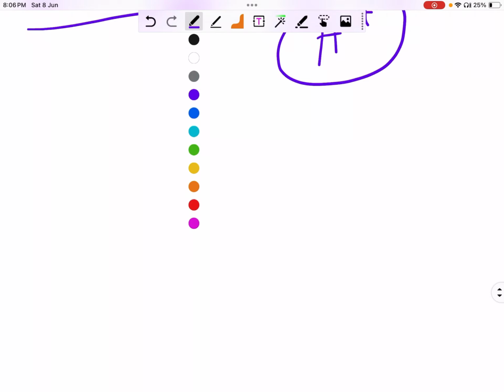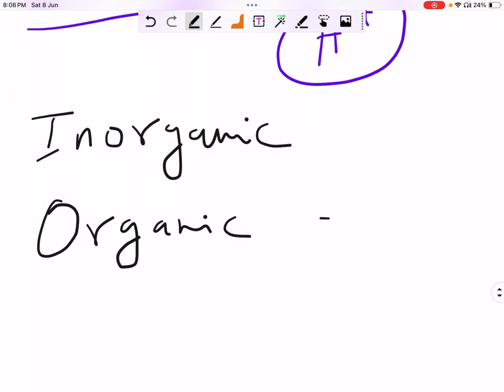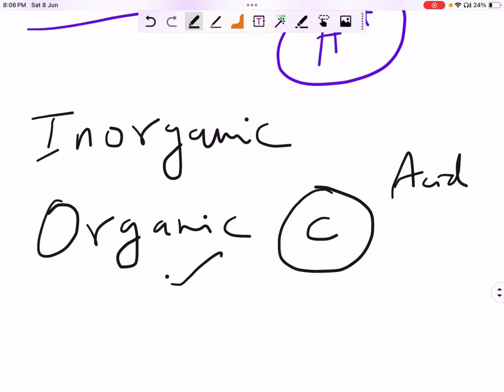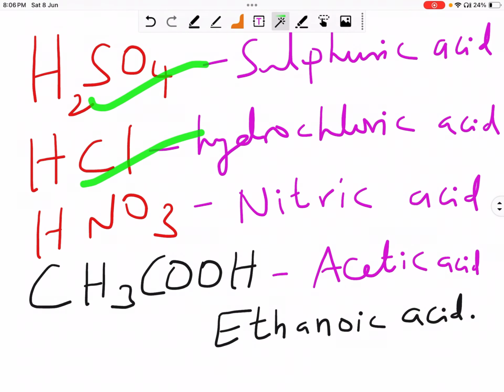We have a lot of organic acids, but I have taken one for your level. So there are two types of acids: one is inorganic acid, the other one is organic acid. Please do remember, if there is carbon, it is organic acid. So we have four acids; three are inorganic and this one is organic.